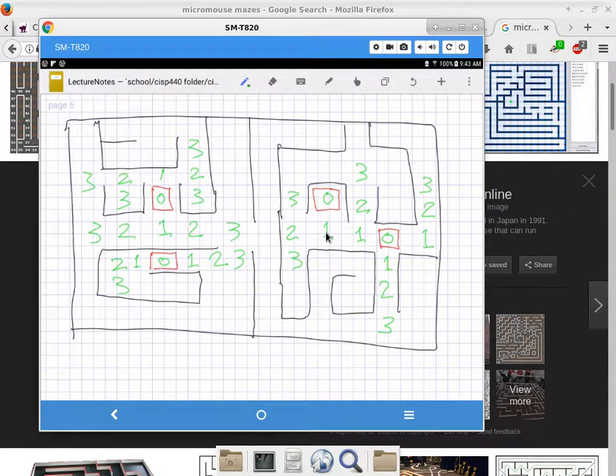Okay, so the cost would just be 1 if you move 1 space, or 2 if you move 2 spaces? Yeah. So we are not taking turns into consideration. Turning does not cost you anything. But if you look at these numbers, and you say, okay, here's a cockroach. When is it going to die?